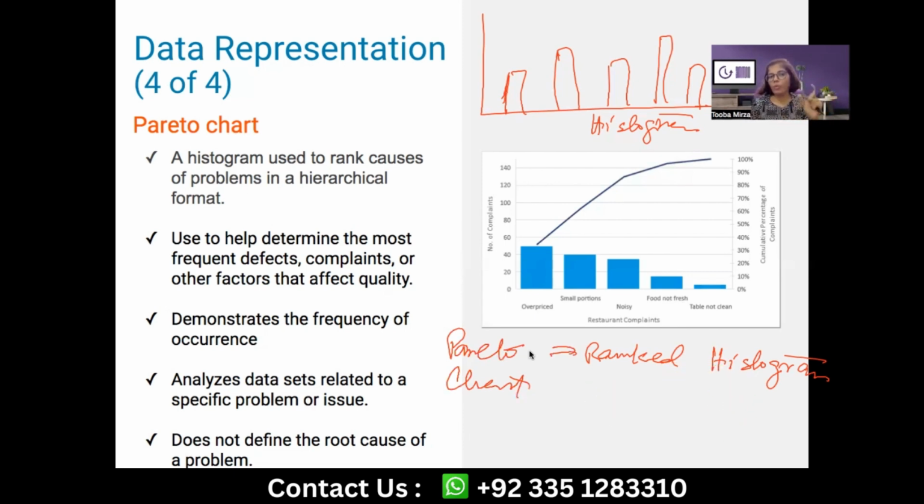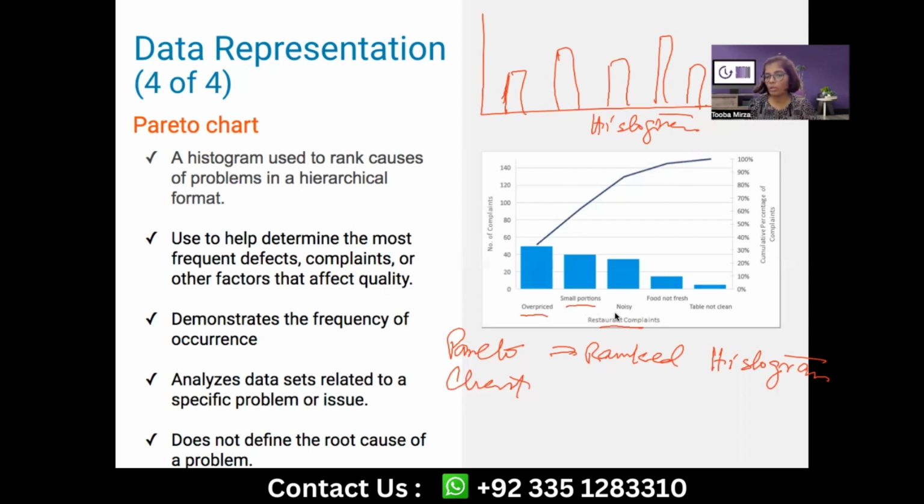Wherever you have data points in certain categories, a Pareto chart is the best way of representing such data. For instance, over here, the data for restaurant complaints is received in these 5 heads. One is overpricing.